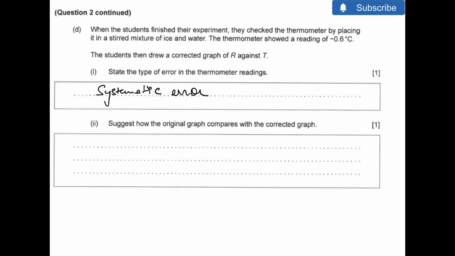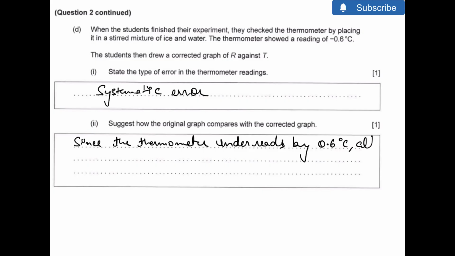Since the thermometer underreads by 0.6 degrees Celsius, all the original values of temperature are too low by a fixed amount.